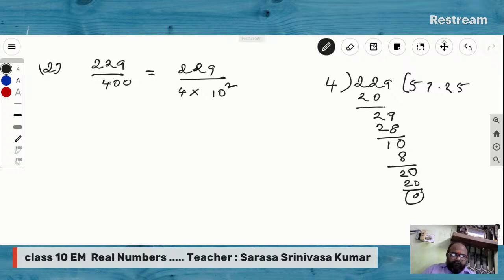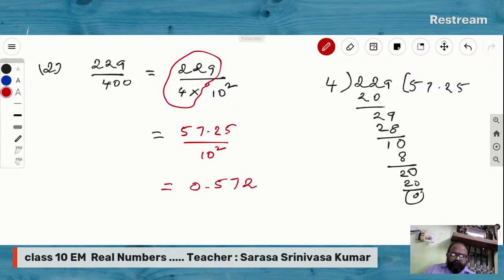So the value of this is 57.25. 57.25 divided by 10 square is equal to 0.5725.